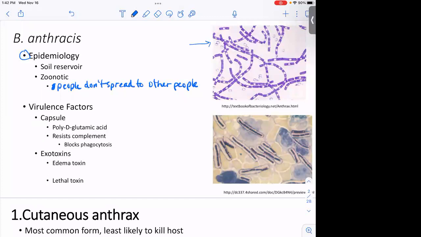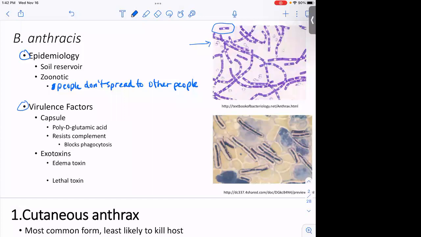Bacillus anthracis has a very characteristic look when we stain it. It has these very boxy shaped, rod-shaped cells, which is very specific to anthrax, and they also form chains. So it has kind of a cool appearance. In terms of virulence factors, I'll only mention a couple.